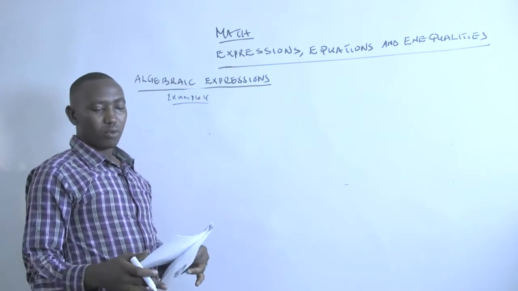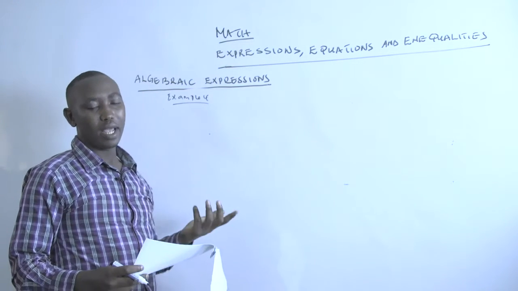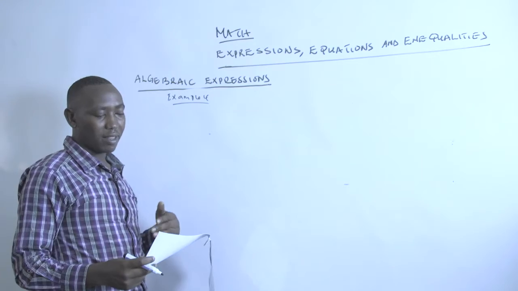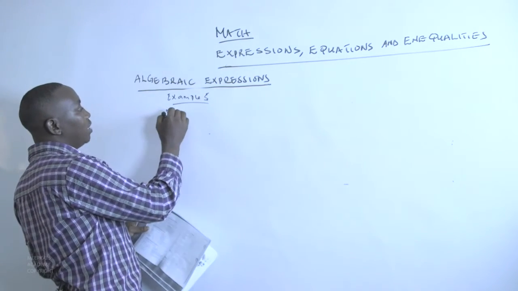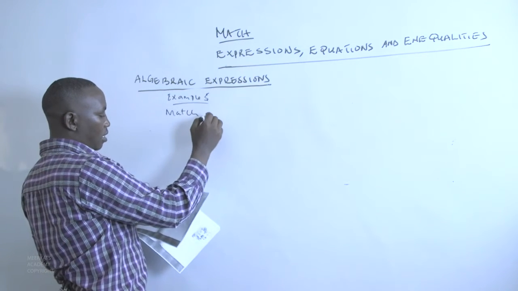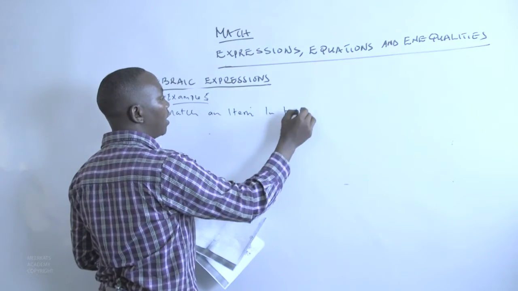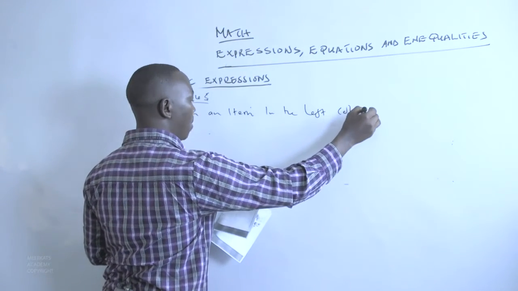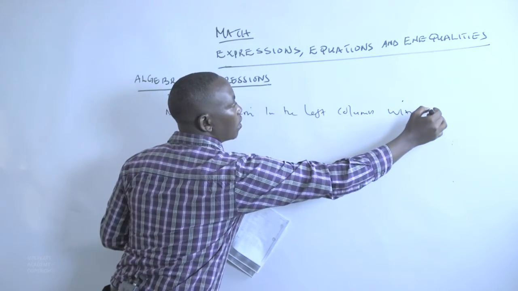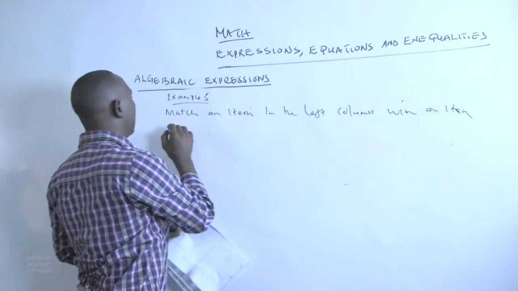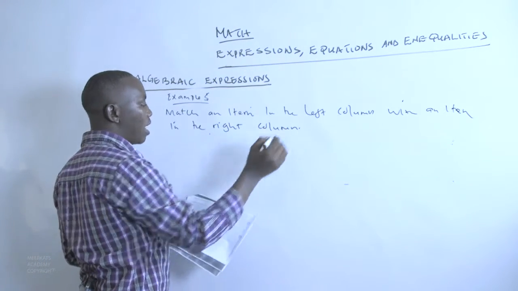There are a number of terms which are normally used simultaneously or similarly to mean one or the other thing. So I would like to look at such a case as example 5 by matching an item in the left column with an item in the right column.